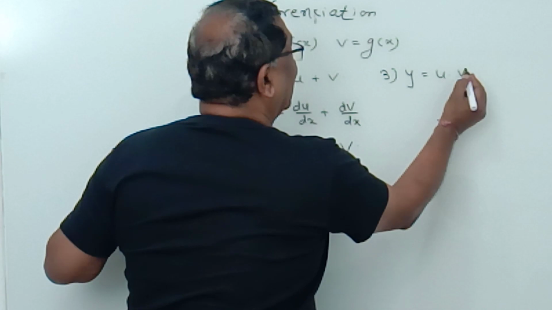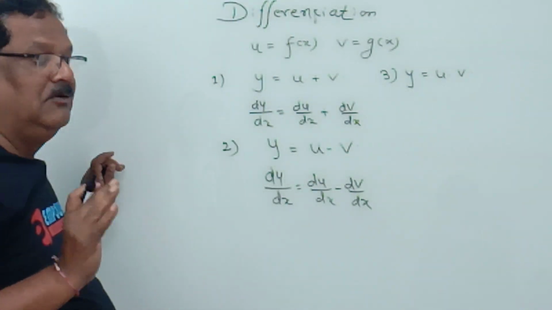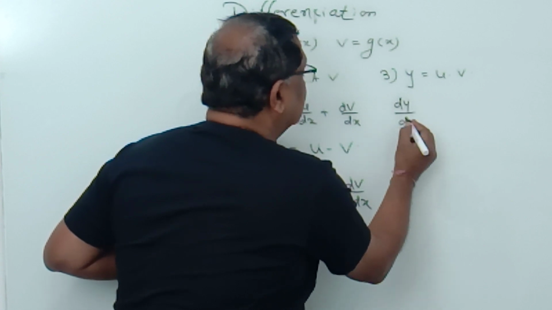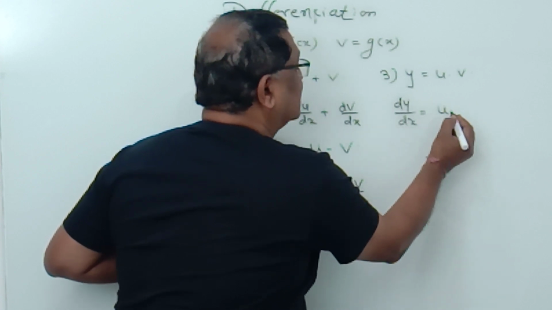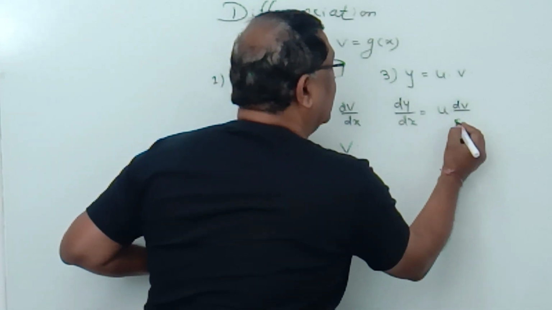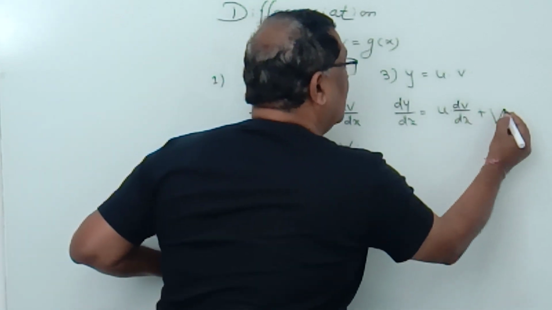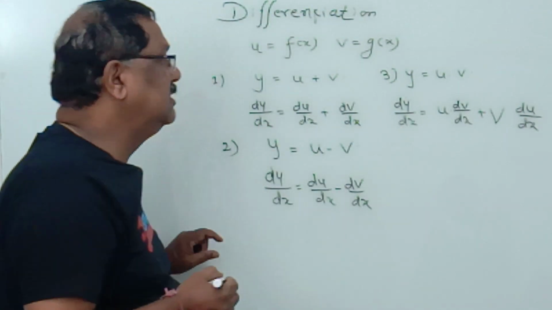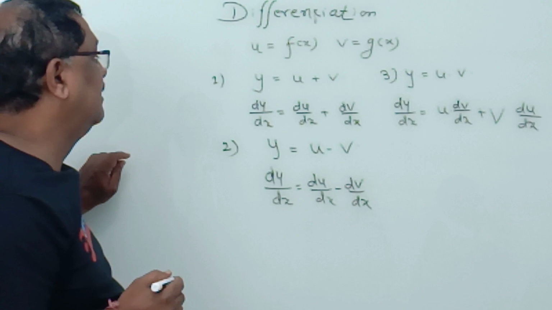Please note it is not du by dx into dv by dx. No, it is taken as dy by dx is equal to the first function as it is, u, times the derivative of the second function, dv by dx, plus v du by dx. That is the rule for differentiation in the multiplication case.